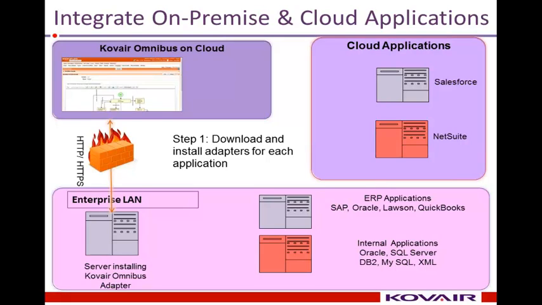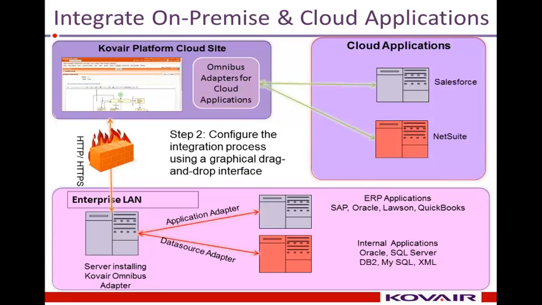So the first step is you download and install those adapters on your enterprise LAN. We also have the Omnibus adapters for the cloud applications, which you do not have to download or install because they are already part of the Kovair Omnibus on cloud, right? So now you have all the adapters ready. You just have to say that I want to use a Salesforce adapter or NetSuite adapter.